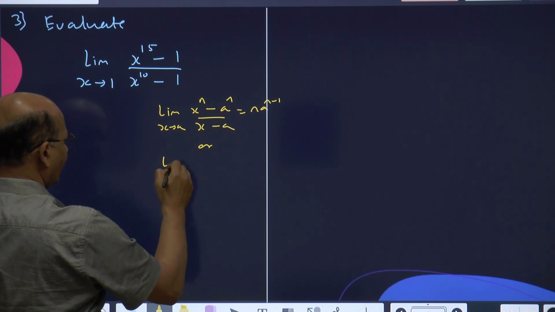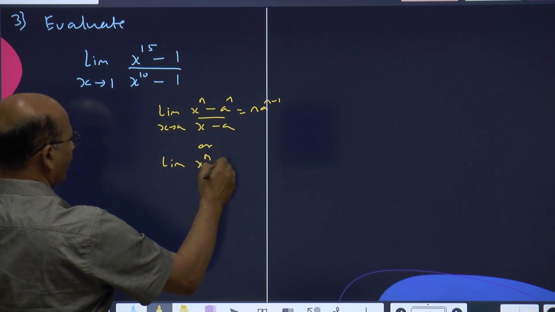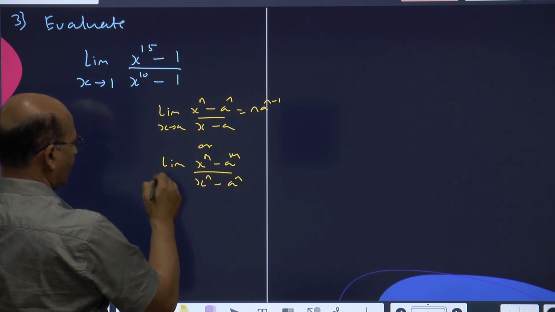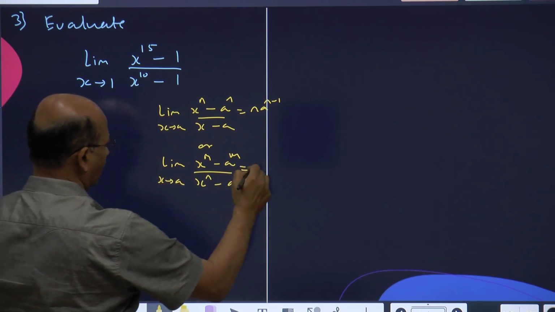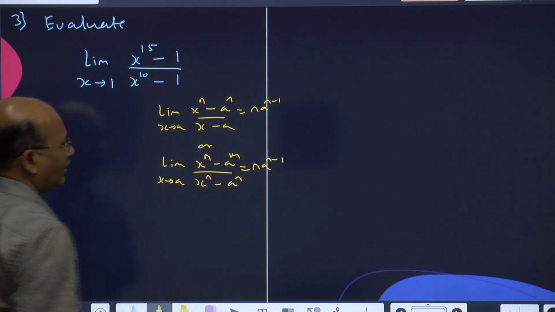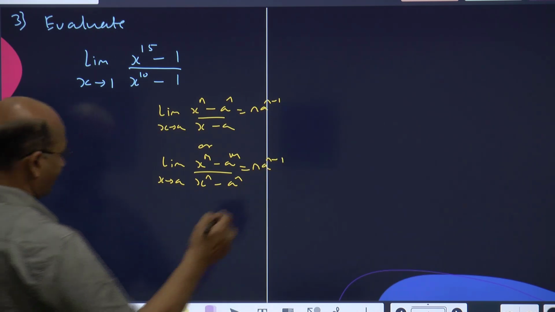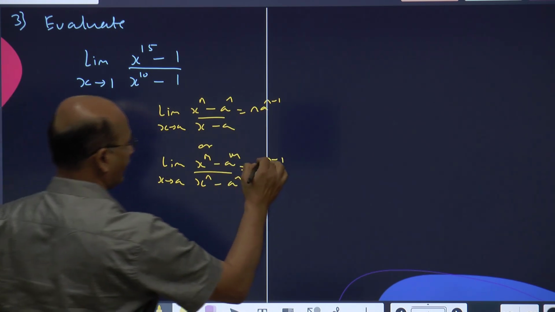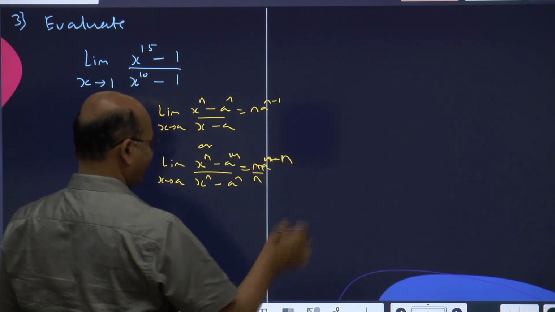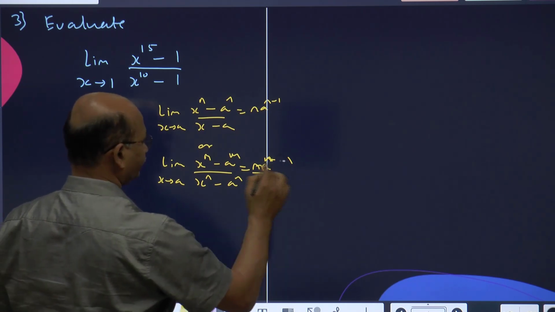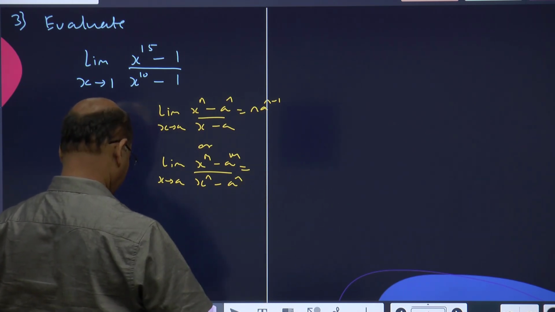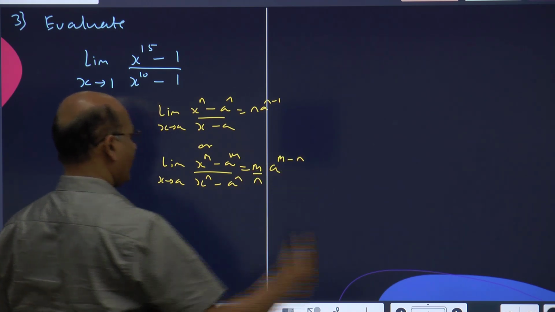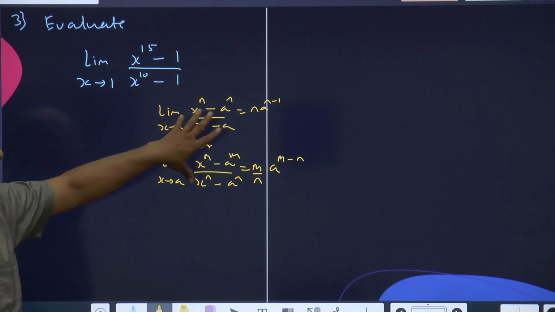Or one more formula: x raised to m minus a raised to m upon x raised to n minus a raised to n as x approaches a is, sorry, m upon n, a raised to m minus n. So you remember this form.